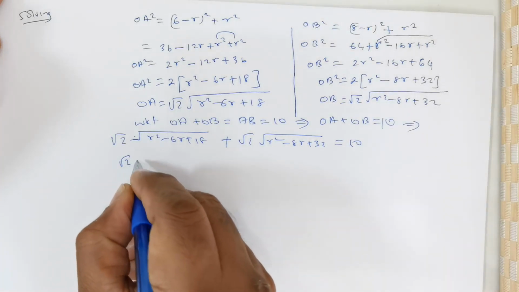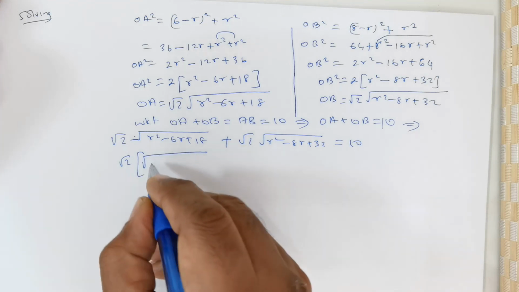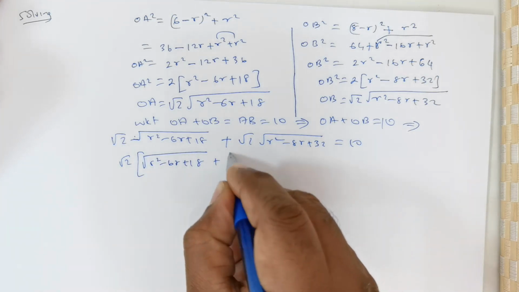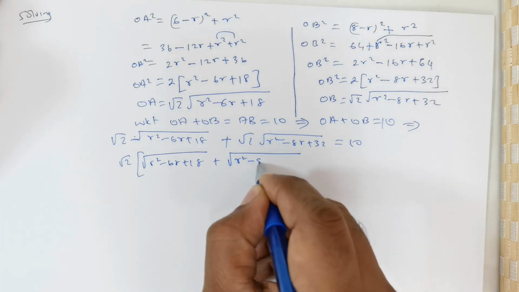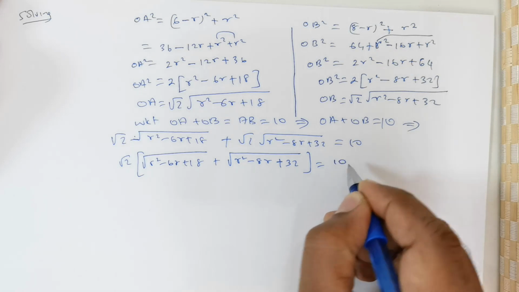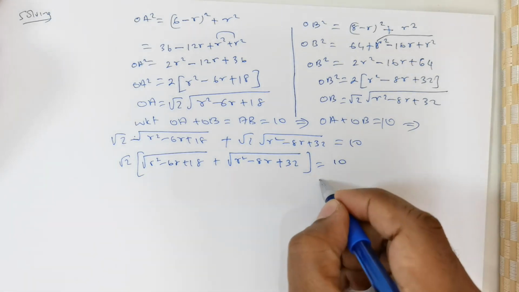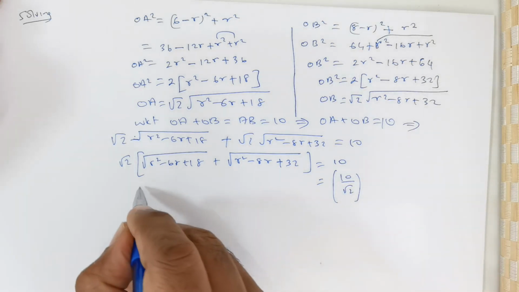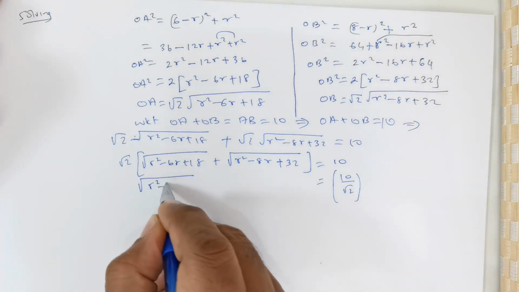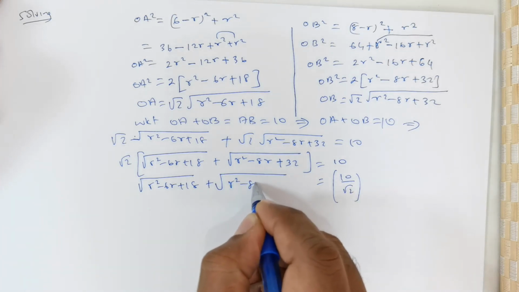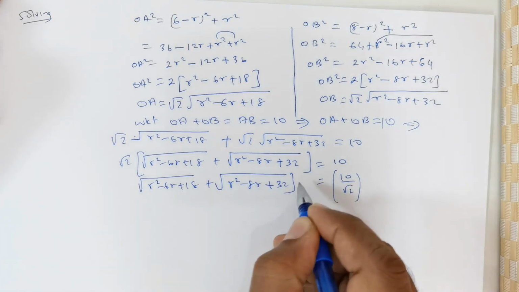I can take root 2 out. This would give me root of R squared minus 6R plus 18 plus square root of R squared minus 8R plus 32 is equal to 10. Push this root 2 down. So this is 10 over root 2.